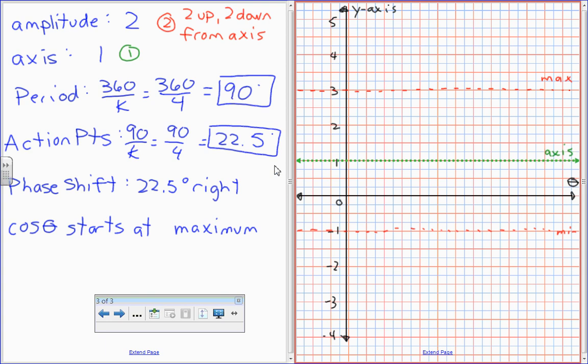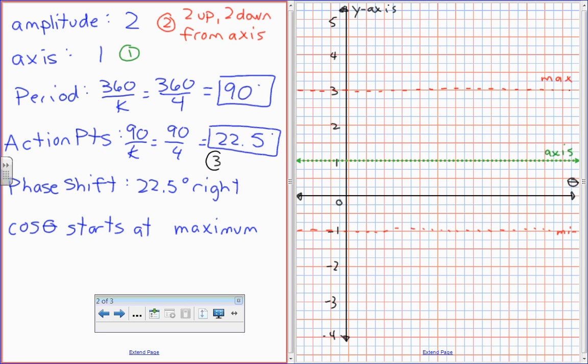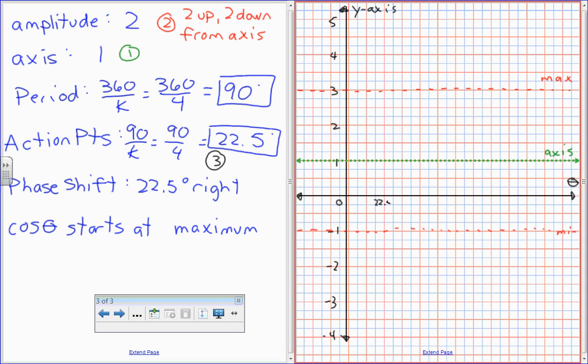Next thing, number 3, is going to be action points. Now, what an action point is, it's basically every hash mark on my graph, left and right. Every square on the graph is going to be an action point. I, of course, did 22.5.